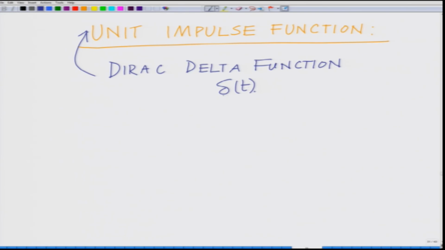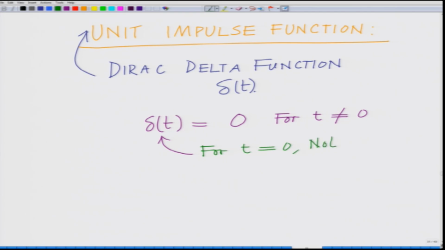This is the Greek symbol for delta, and this is represented in the time domain. Well, let us first define this. Delta t, this Dirac delta function, is defined as 0 for all t not equal to 0, and for t equal to 0 it is not really defined.